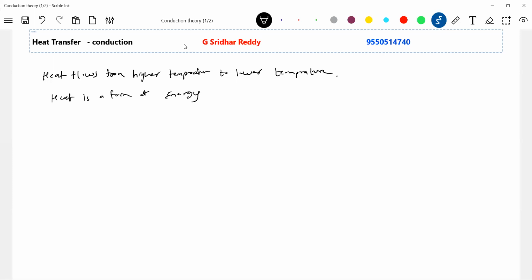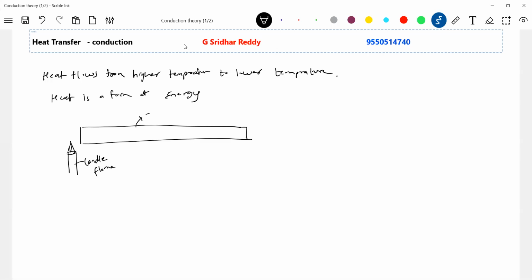Then who will support that flow? So for that, let me take a conducting rod. At one end, let me light a candle flame. Okay, there's an iron rod.